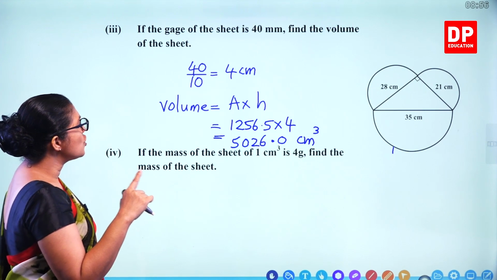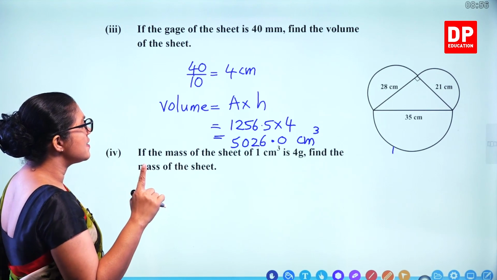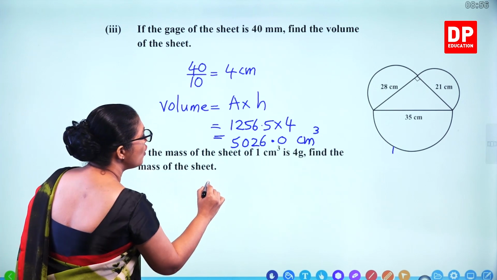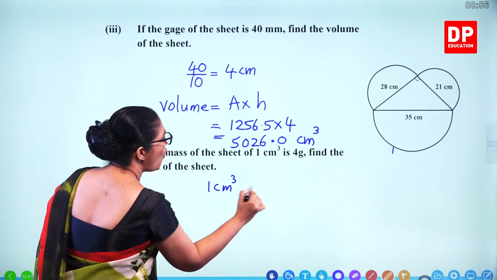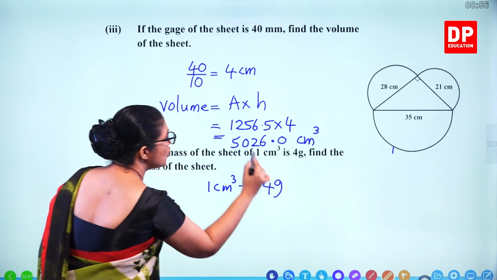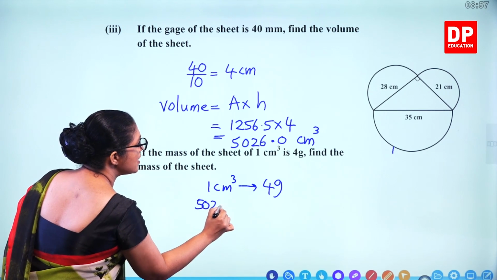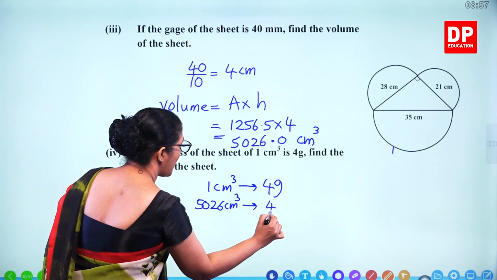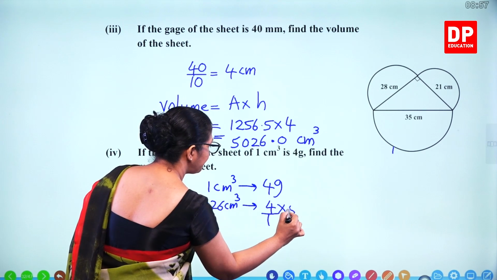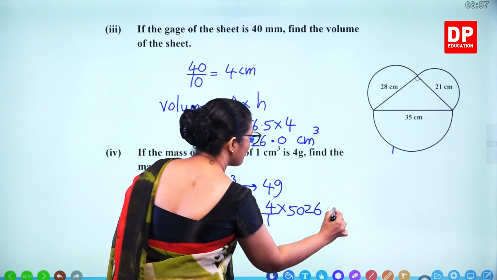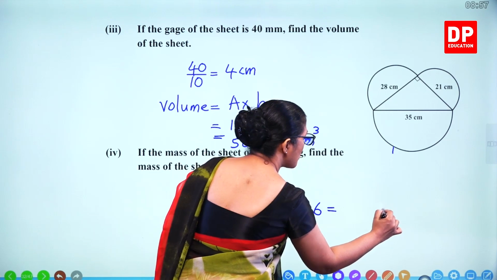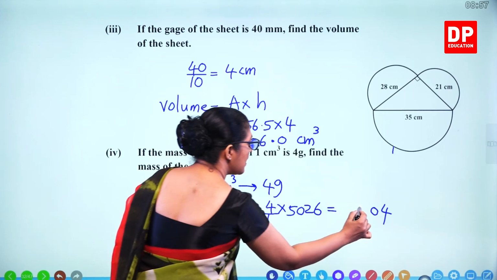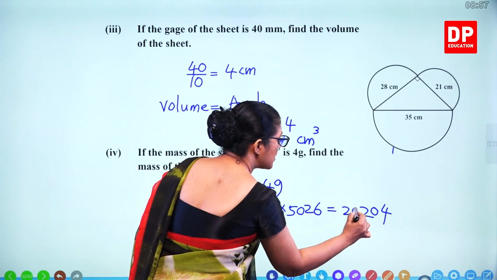If the mass of the sheet of 1 cubic centimeter is 4 grams, find the mass of the sheet. So 1 cubic centimeter is 4 grams. So the sheet is 5026 cubic centimeters. So you have to multiply by 4 again. 4 times 6, 24. 4 times 2, 8 plus 2, 10. 4 times 5, 20.